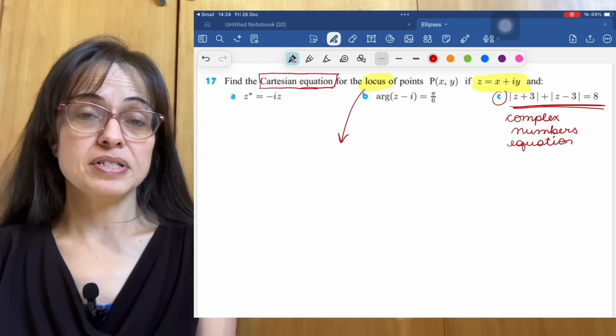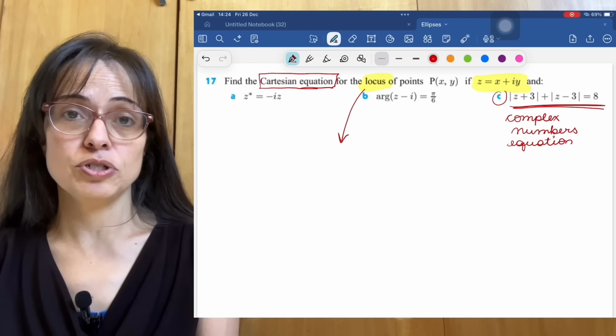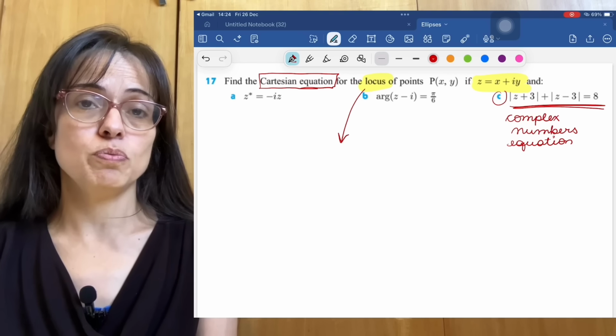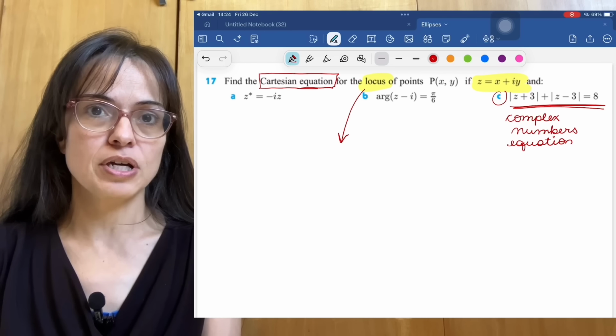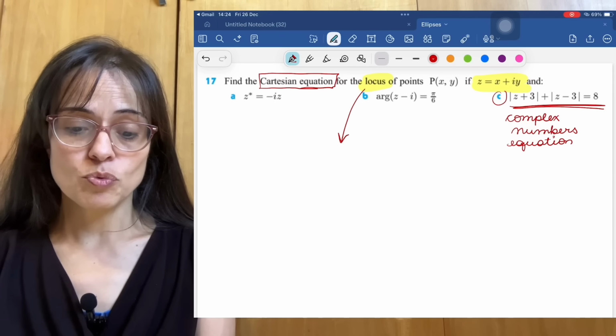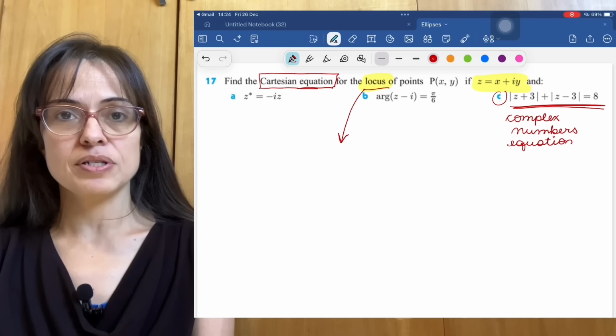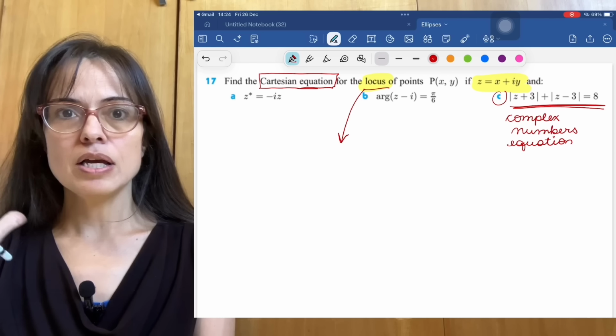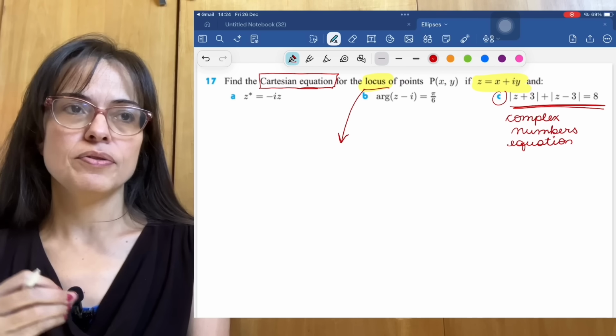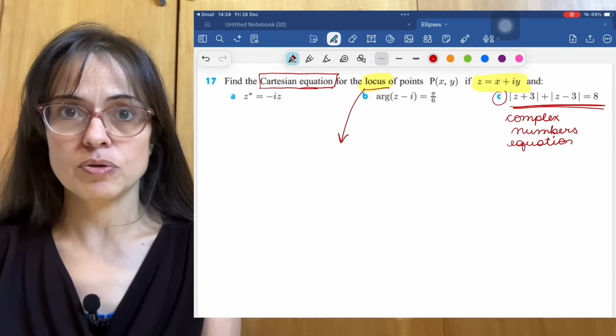So basically this is turning one type of equation into another type of equation. It's supposed to be an algebraic manipulation exercise. But the reason why we have a word for the locus is that solutions to complex numbers equations are able to do a lot more than solutions to real numbers equations.